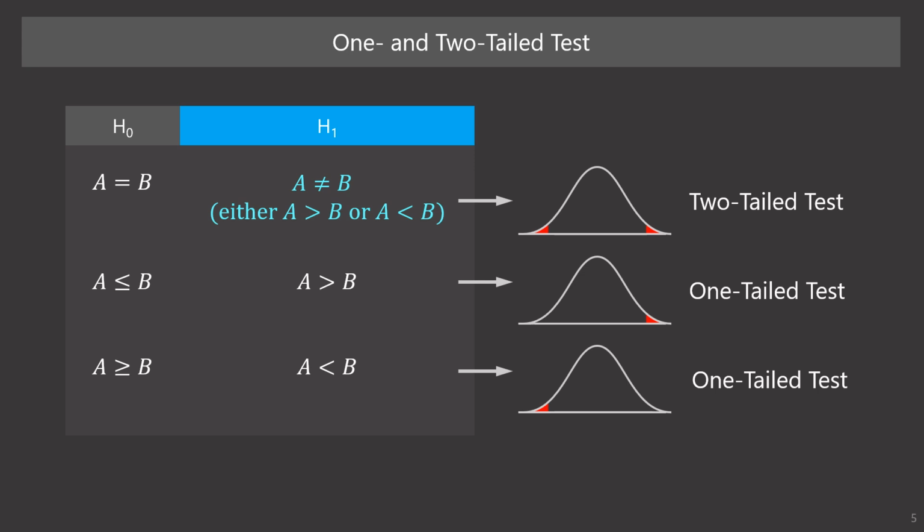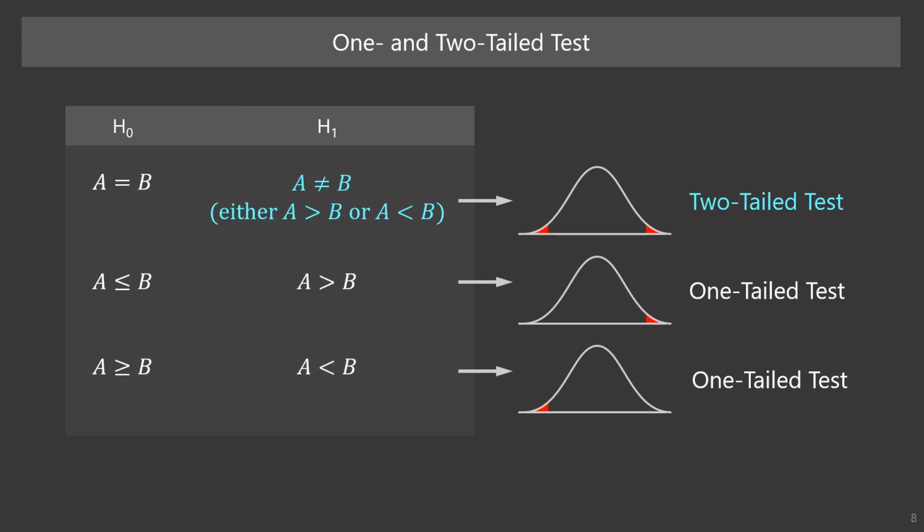The first one is A does not equal B. That is, A is larger than or smaller than B. The second is A is larger than B. In this case, we do not care whether A is smaller than B. And the third is A is smaller than B. In this case, we do not care whether A is larger than B.